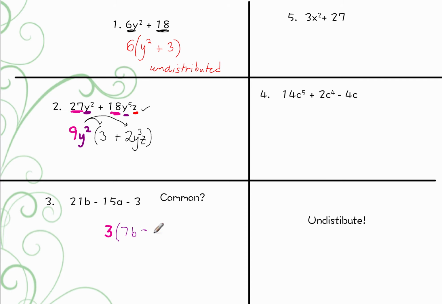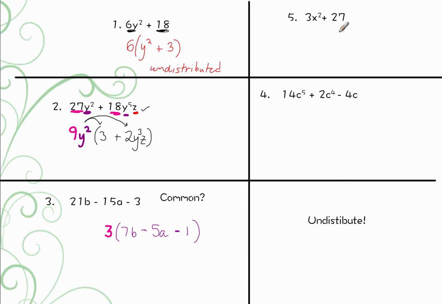3 times what got me 15? 5, and there's still an a there. Yep, 3 times 5 is 15, and then the a. And then careful, I have a third term here, I have 3. Well, 3 times 1 is how I got 3. So there I undistributed that one.